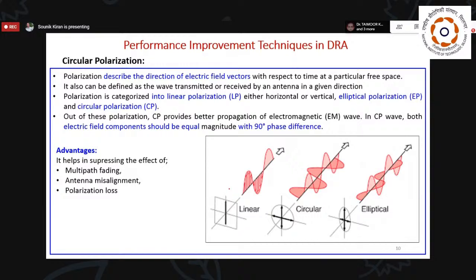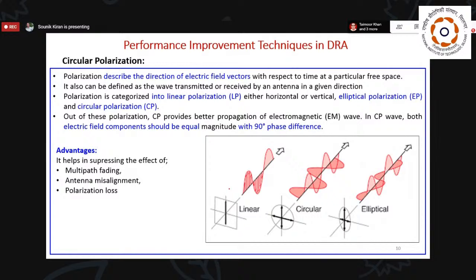Or sometimes the receiver antenna is movable in different directions, phi and theta directions. In that case, if the antenna is circularly polarized, it can transmit and receive the signal without any disturbance or signal loss. Also, there are polarization losses when the signal travels on different paths, but if our antenna is circularly polarized, these three problems can be avoided easily.